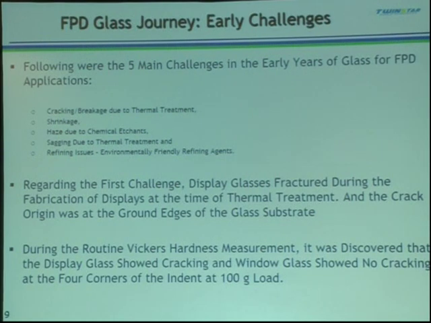While we were talking about the glass breakage, there were 4 or 5 main problems at that time which were easily solved by tweaking some processes. For example, shrinkage: by doing good annealing, you could get rid of shrinkage. But the breakage problem of glass was very difficult to resolve. At that time, fracture toughness was one tool available for estimating failure behavior.